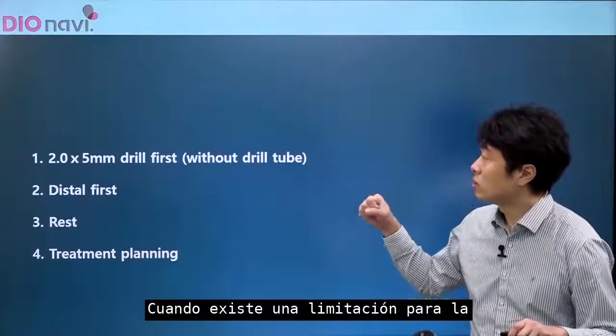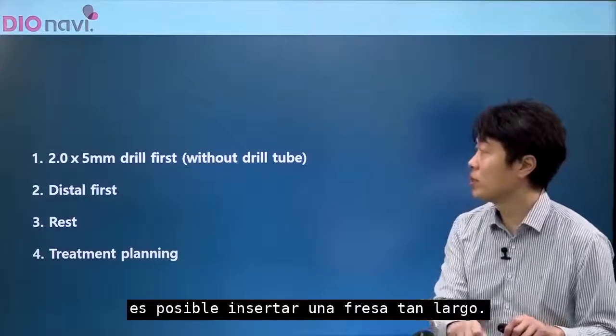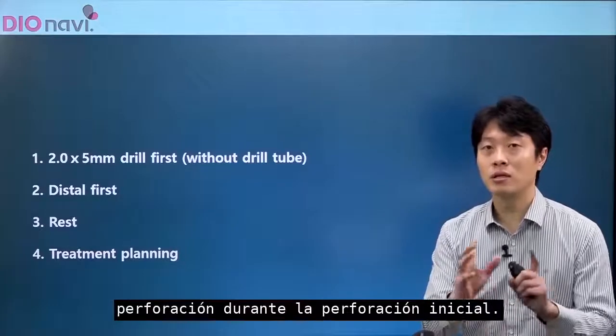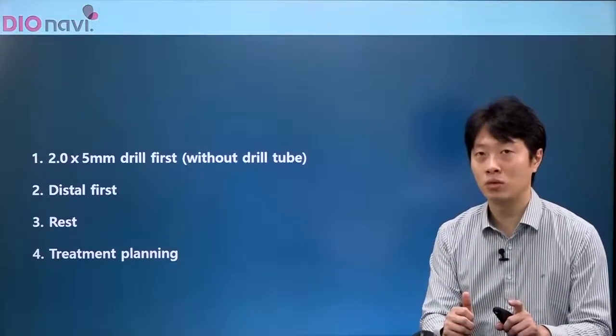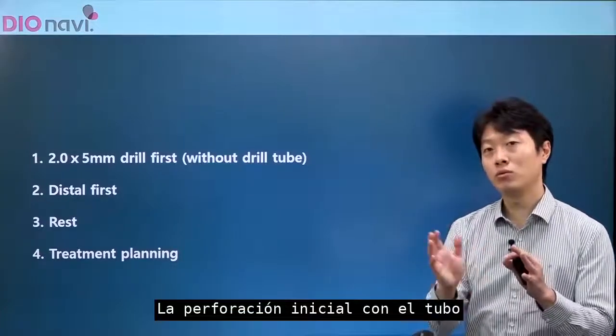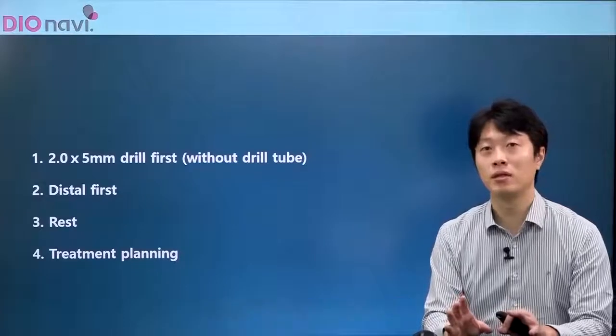When there is a limitation to mouth opening and you find that inserting such a long drill is not possible, I recommend drilling without inserting the drill tube during initial drilling. Initial drilling with the drill tube inserted is a way to increase precision.